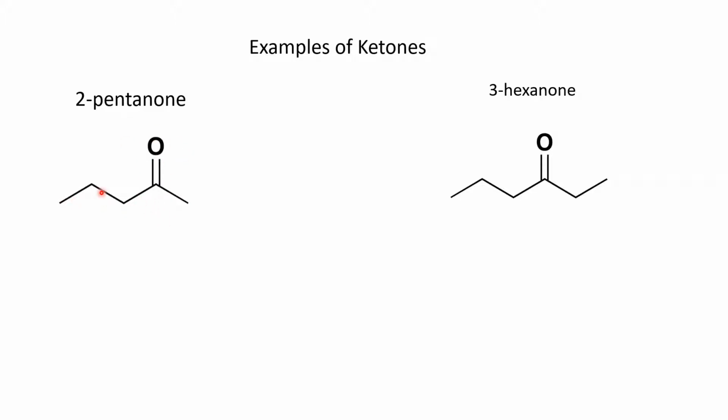So in this case, it's 2, 5 carbons, pentanone. So 2-pentanone. In this example, you have the third carbon where you find the ketone, so it's 3. There's 6 carbons here, so it's hexane, and then the suffix -one, so 3-hexanone.